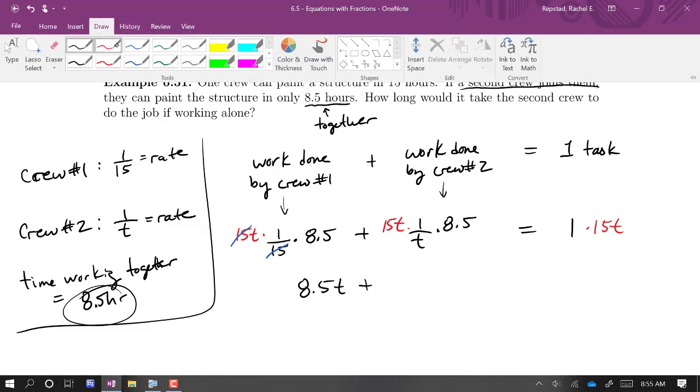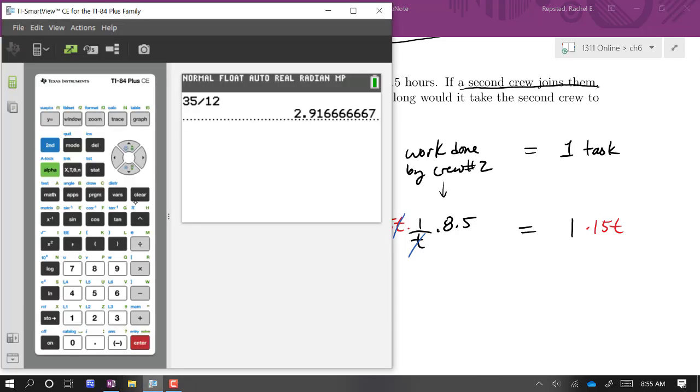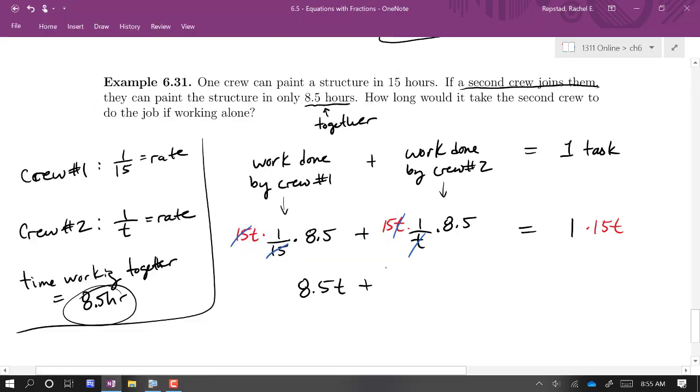In the second fraction, the t's cancel. 15 times 8.5 is 127.5. And this is equal to 15t.